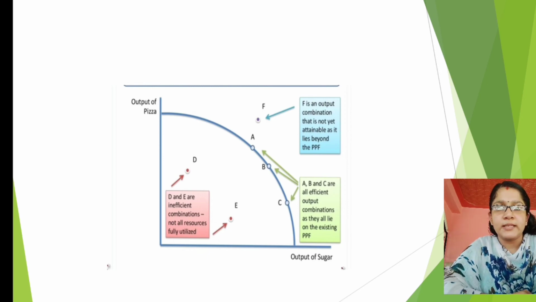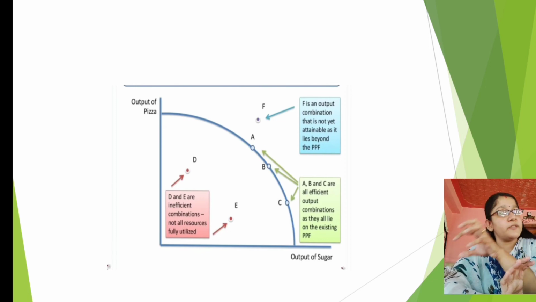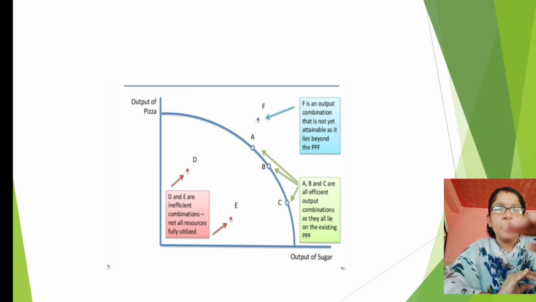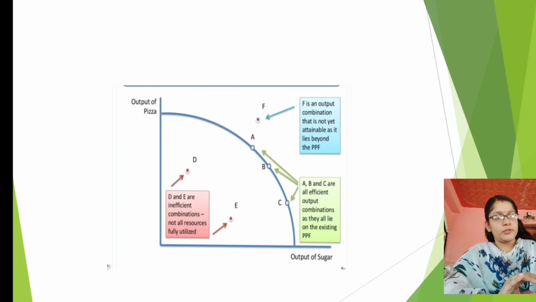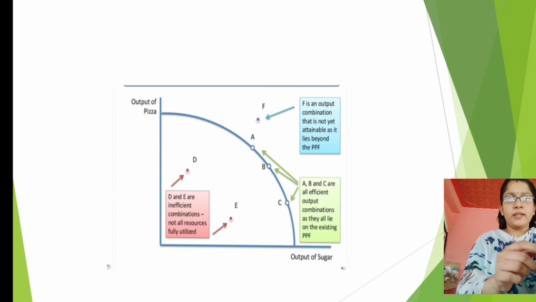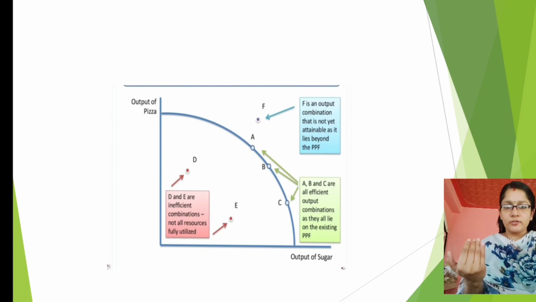That means A, B, C are the optimum level or efficient level of output which we can produce. And look here, point F is outside the production possibility curve, which shows it is unattainable. That means we cannot produce this combination because the resources are limited.